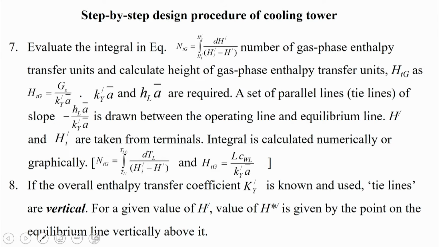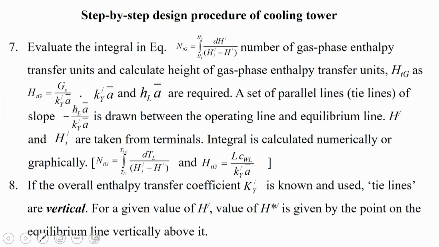We need to calculate the height of the gas phase enthalpy transfer unit, HTG, equal to Gs by small k y prime into A bar. This small k y prime A bar and HL into A bar are required, and will be supplied for the calculation of the cooling tower for the air water system.